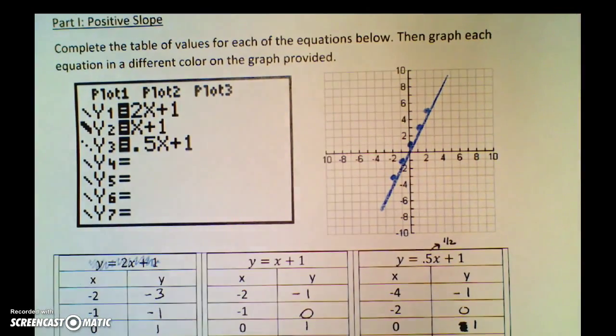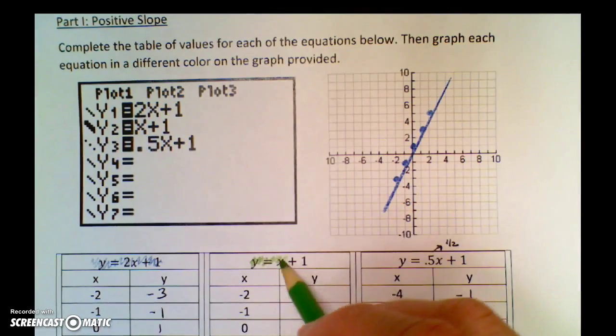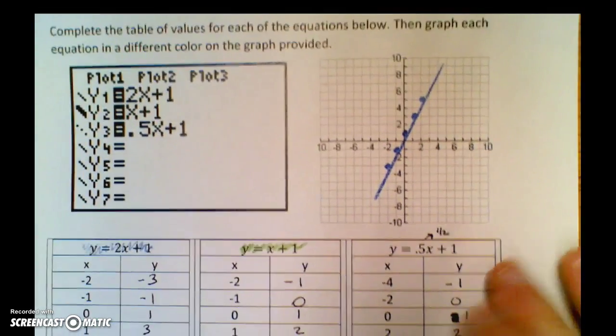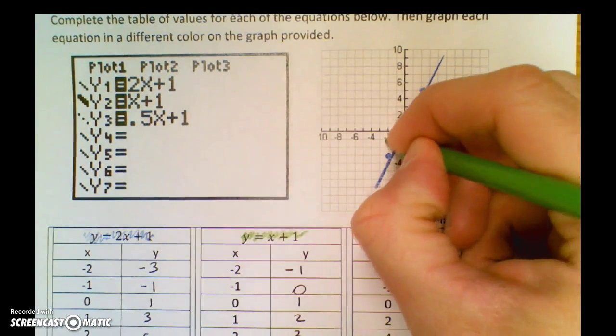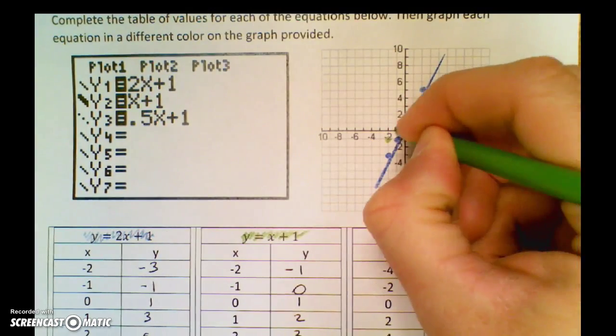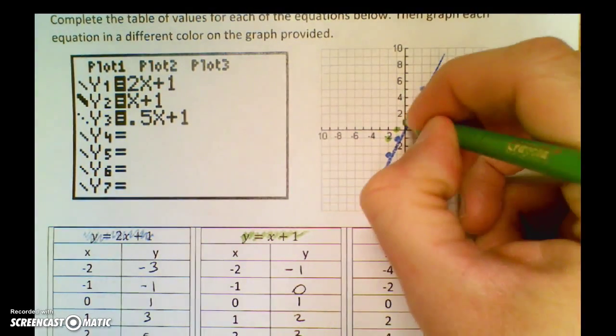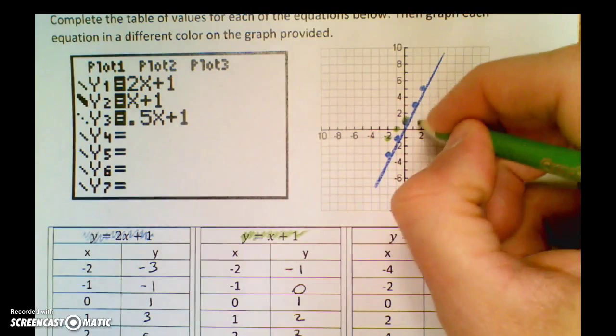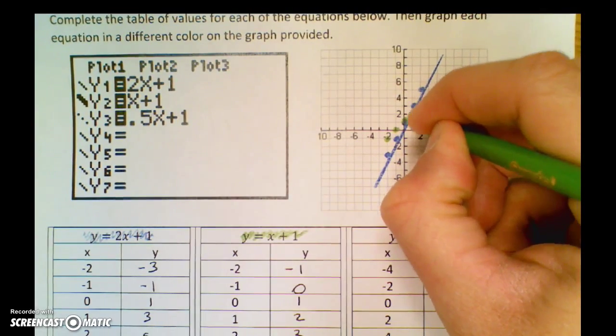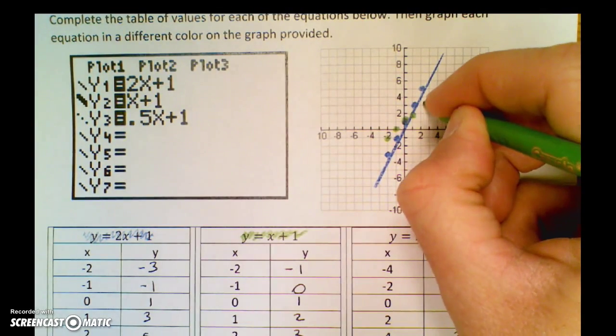Alright, so I got the first line. Next one I'll do in green. So I've got -2, -1, -1, 0, 0, 1, 1, 2, and 2, 3.